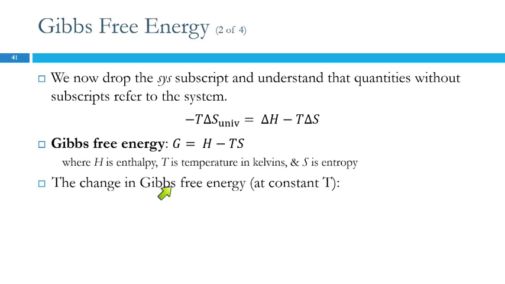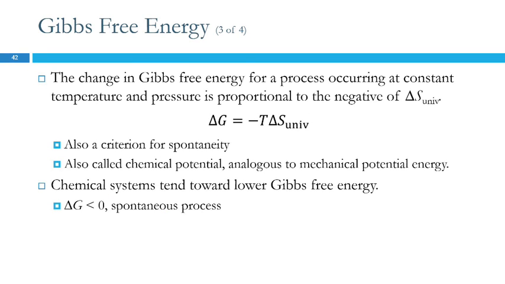So the change in Gibbs free energy, delta G, is going to equal delta H minus T delta S. So the change in Gibbs free energy for a process occurring at constant temperature and pressure will be proportional to the negative of the change in entropy for the universe.